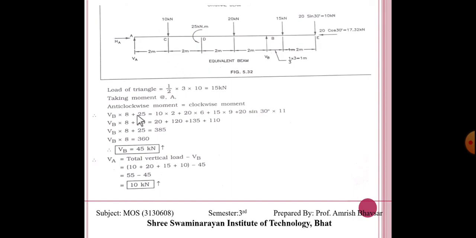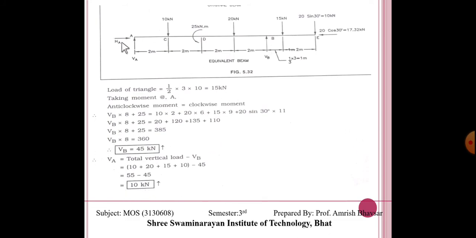So we will get VB from here, that is 45 kilonewton, and VA is equal to total vertical load minus VB. So 10, 20, 15 and 10 minus total vertical VB, that is 45. So we will get VA is equal to 10 kilonewton.